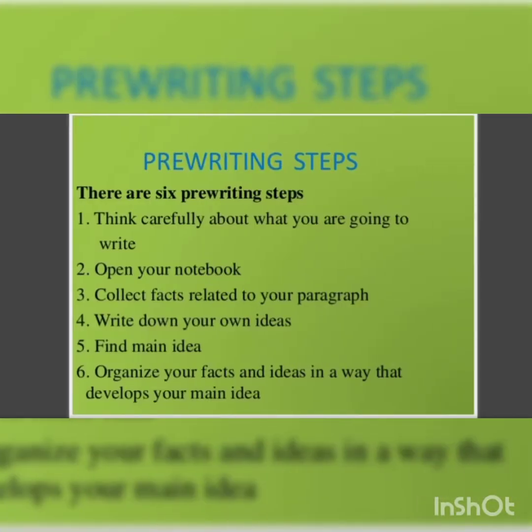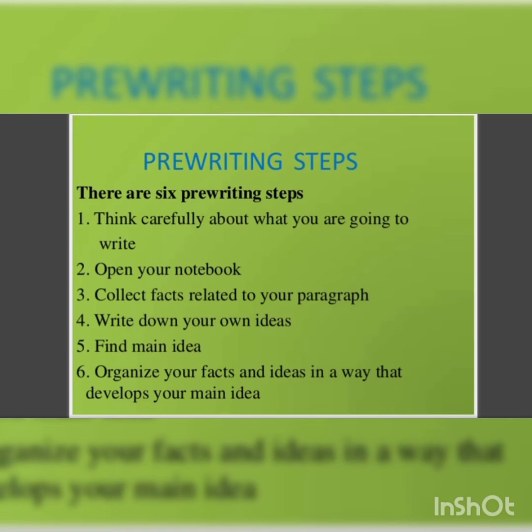Now, there are a few pre-writing steps which I want to discuss with you here. And see, there are 6 pre-writing steps. The very first one is, think carefully about what you are going to write. Make a proper structure of the topic which you are going to write in your mind. Open your notebook. Collect facts related to your paragraph. Write down your own ideas.